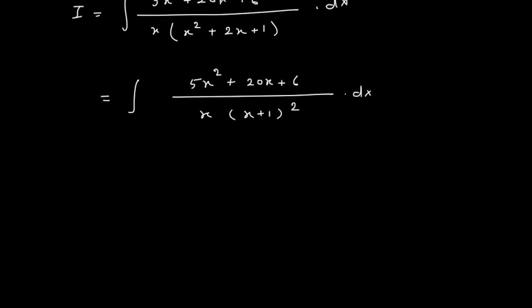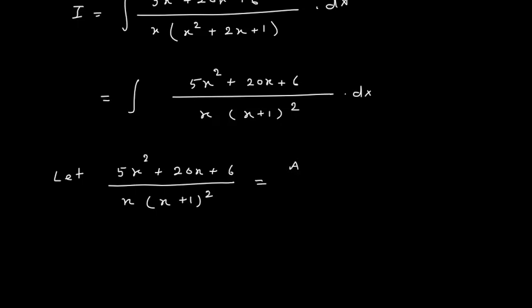Now I can say that this whole thing, 5x square plus 20x plus 6 divided by x into x plus 1 the whole square, we assume is equal to a divided by x plus b divided by x plus 1 plus c divided by x plus 1 the whole square.